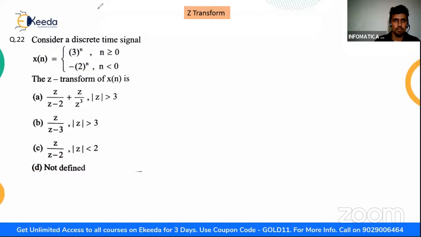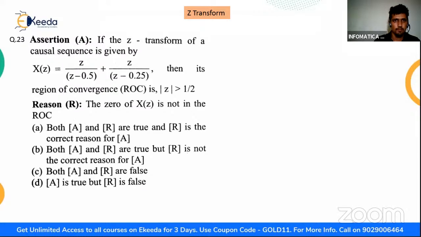Now let's come to the next. This is again somewhat similar to the last one. What is important is the Z transform of a causal sequence. Causal means right-sided.